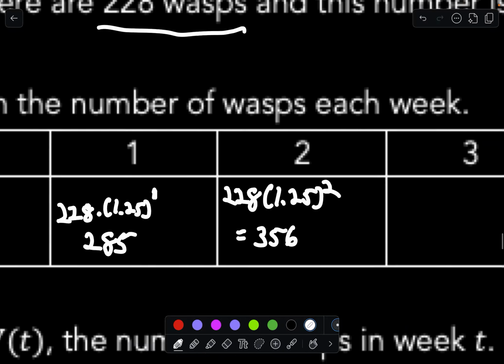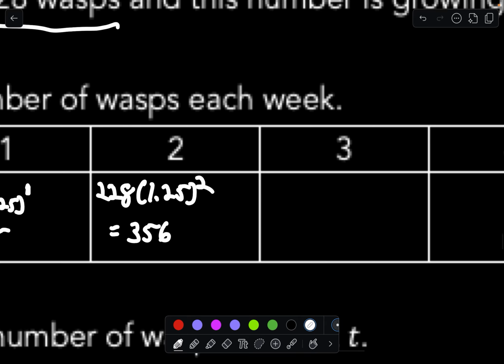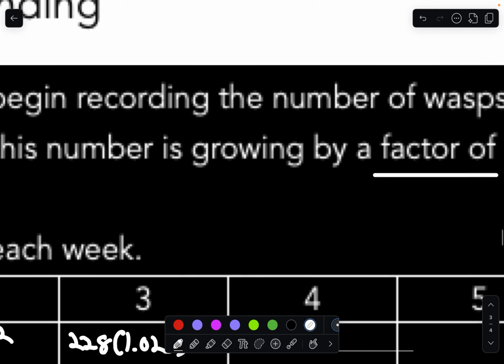And then the third week would be 228 times 1.25 to the third power, and that's going to equal 445, rounding to the nearest whole number.